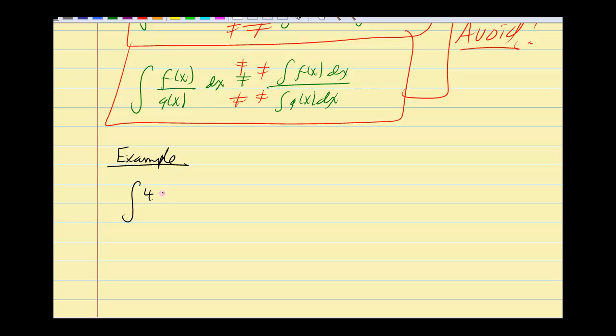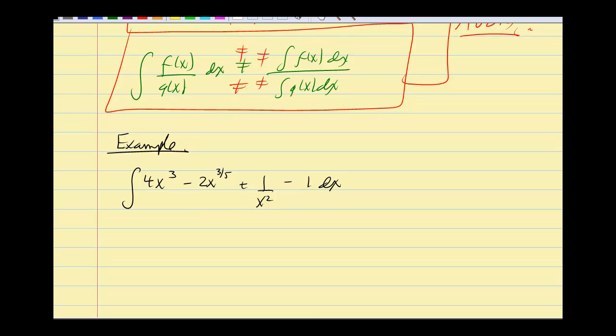So let's go ahead and look at the function 4x cubed minus 2x to the 3/5 plus 1 over x squared, and then minus 1 dx. Now this particular integrand basically covers all of our rules that we have up till now. This integral is the integral of a sum and a difference of functions.